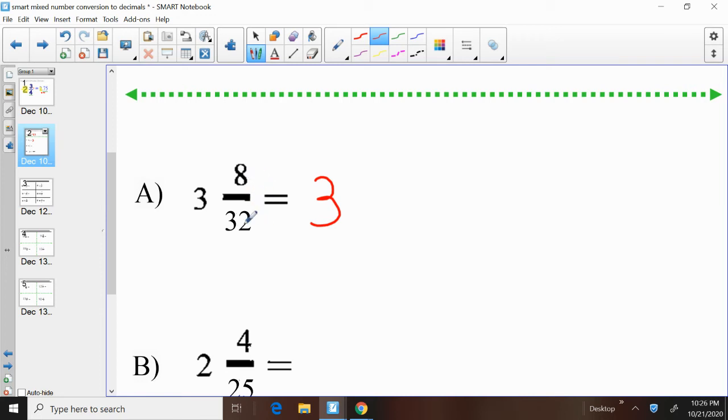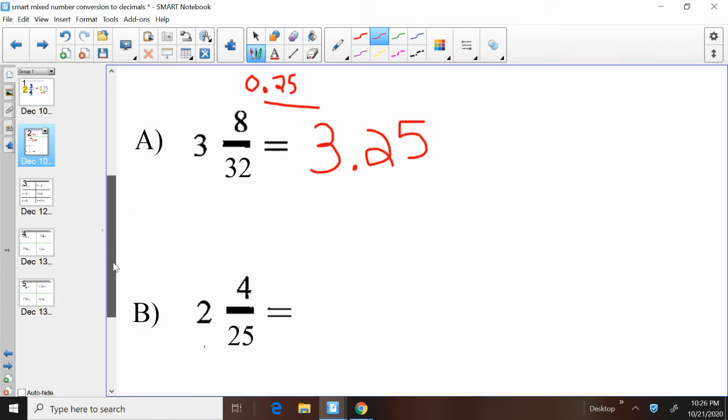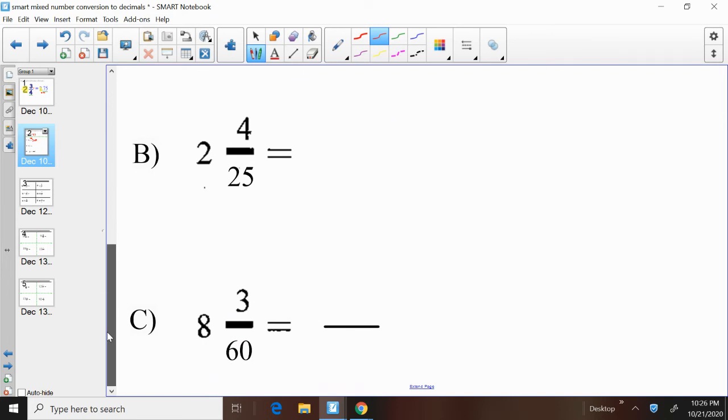So if we take 8 and divide it by 32, what do we get? 8 divided by 32 gives us 0.25. So we just take the decimal part and we put it down here, 0.25. Okay, so pretty simple, right? If we kept flying on through this, we'd be okay.